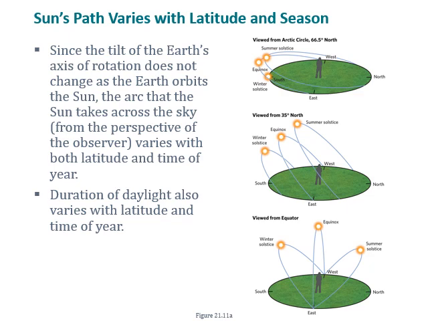So if we look at the picture, in the top picture we're viewing from the Arctic Circle, 66.5 degrees north. We see that the sun does not extend very high into the sky in the equinox, summer solstice and winter solstice.